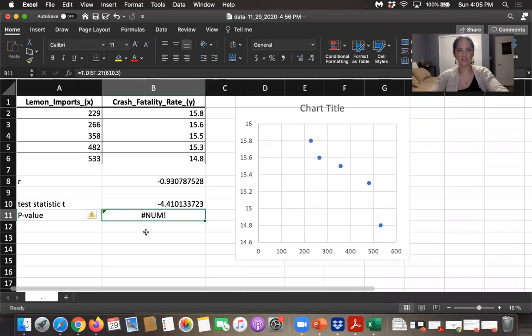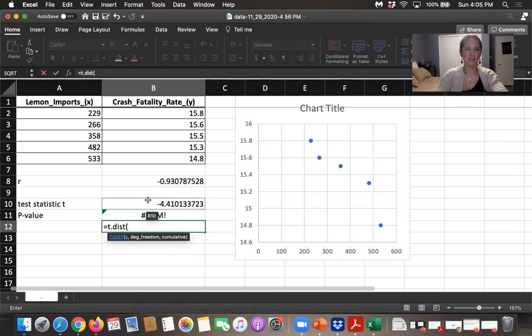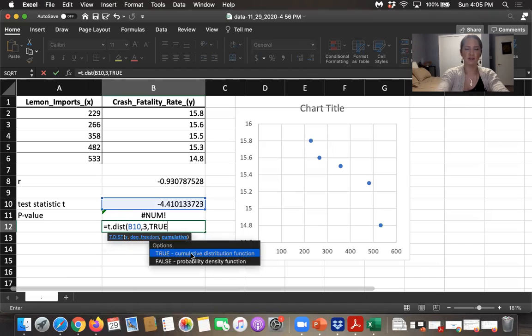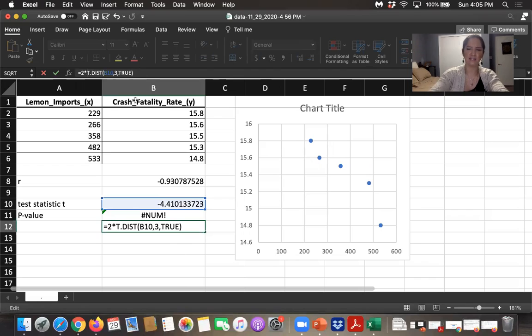For some reason, it's giving us a hard time. So maybe we will use the t.dist distribution. That's going to give me the area to the left of this test statistic t. If I have 3 degrees of freedom, I want to say true for area to the left. And actually, I want to double that. I don't know why the two-tailed distribution is not working this time.